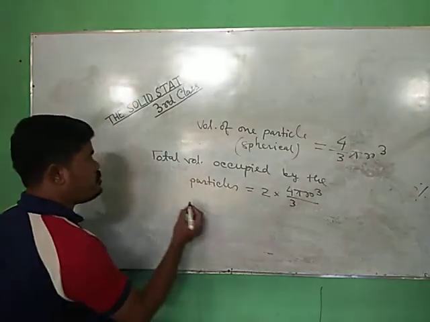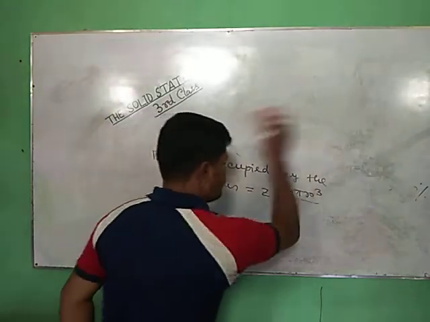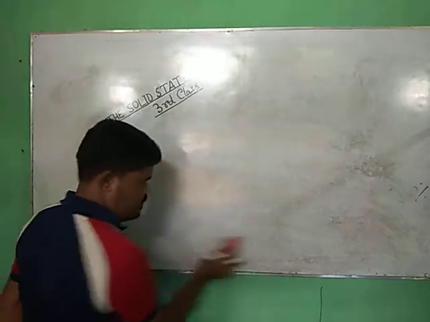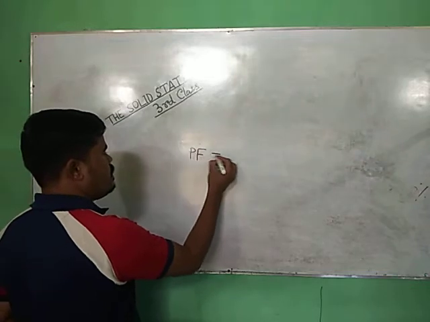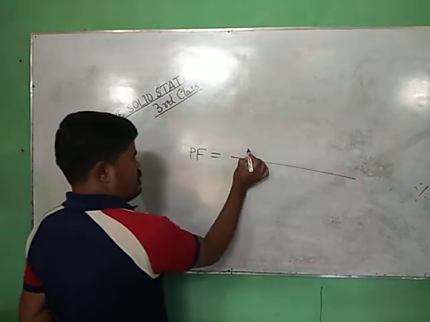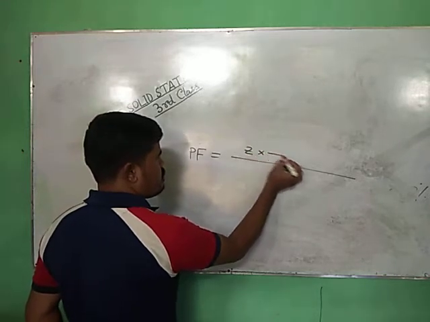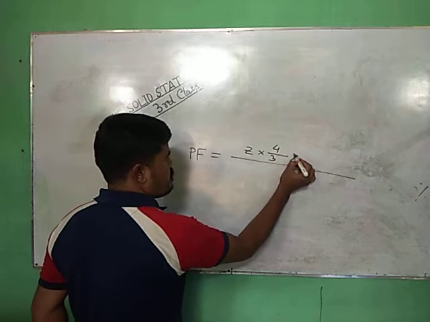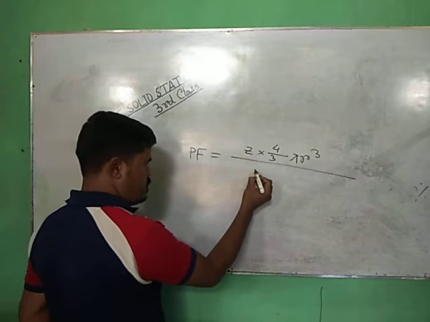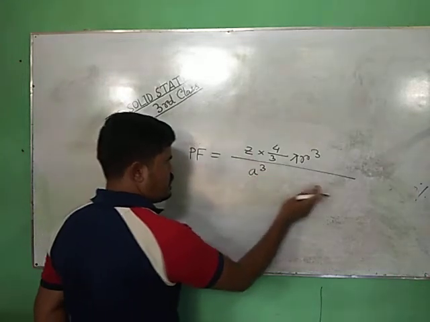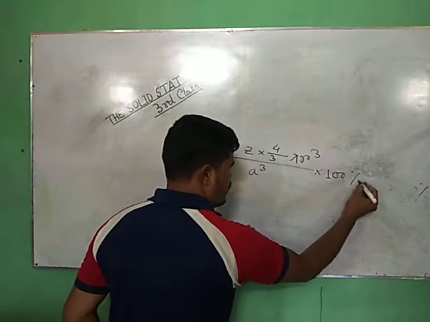So packing fraction is equal to Z into 4/3 pi r cube, divided by the total volume of the unit cell, multiplied by 100 to get the percentage.